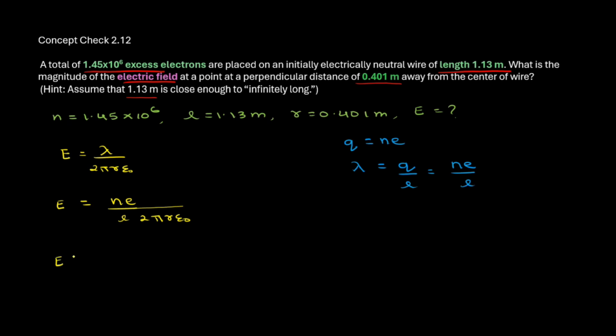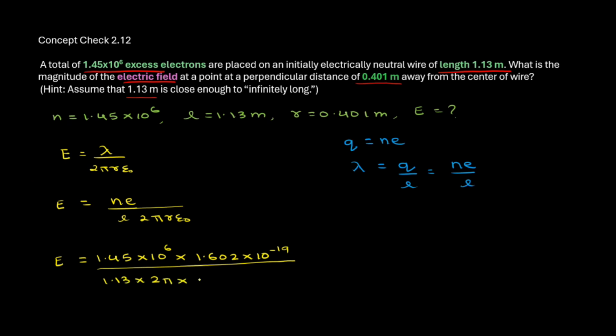Now substitute. Excess electrons is 1.45 times 10 to the power 6. E is the elementary charge, which is 1.602 times 10 to the power negative 19, over the length of the wire, which is 1.13 meter, into 2 pi.